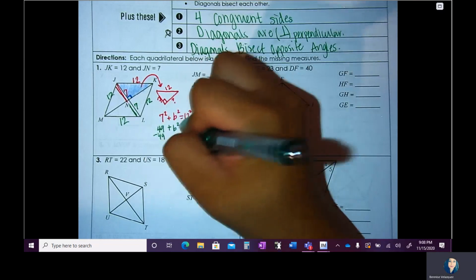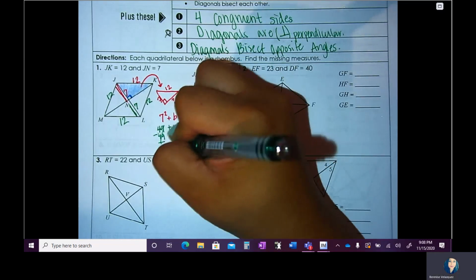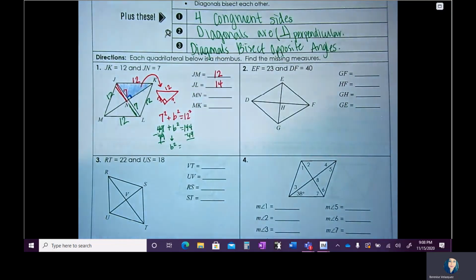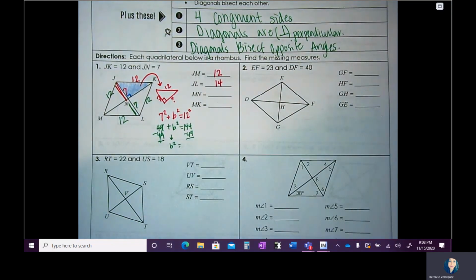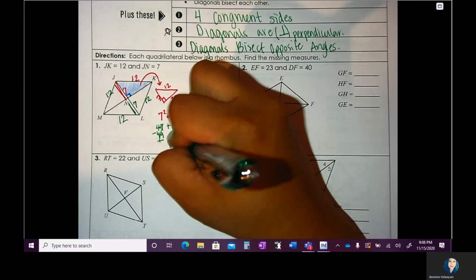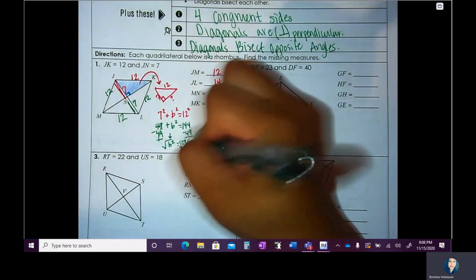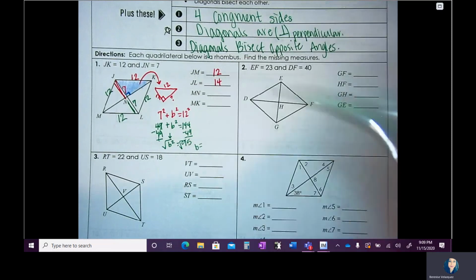Subtract 49. b squared is equal to 144 minus 49, which is 95. Then I square root it. b is equal to the square root of 95.